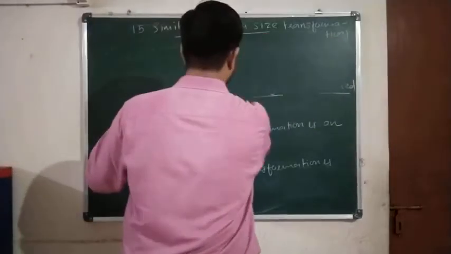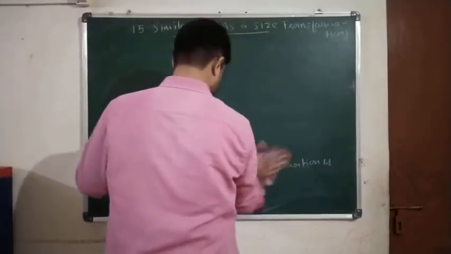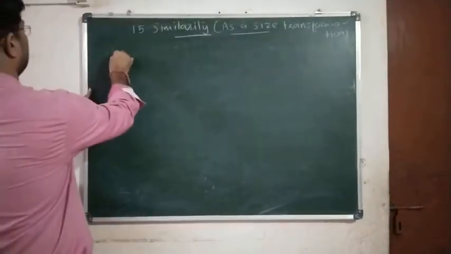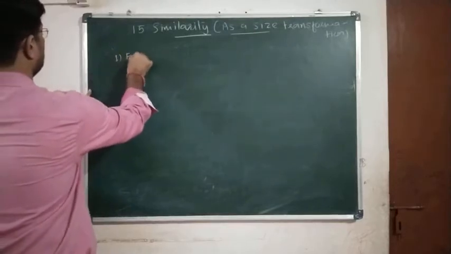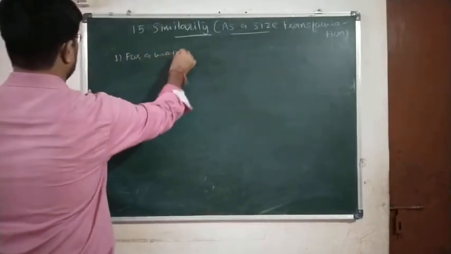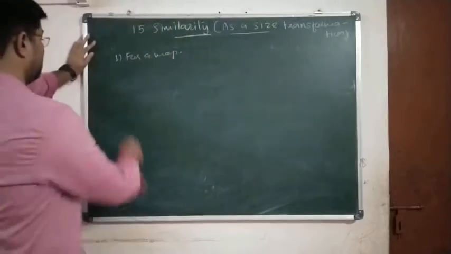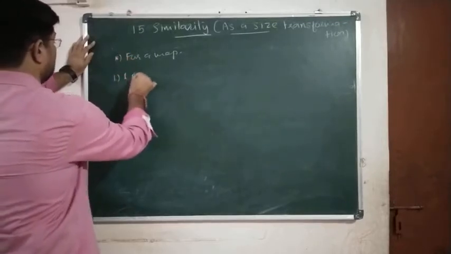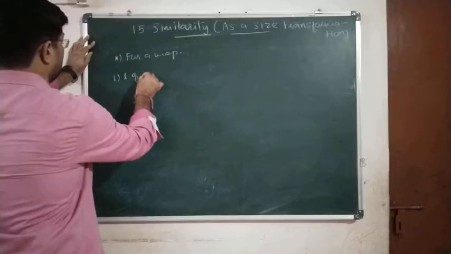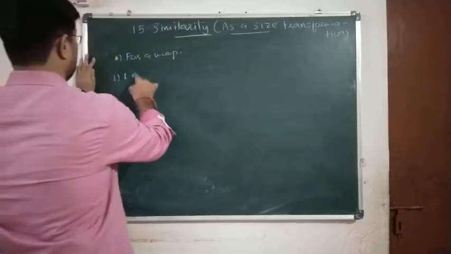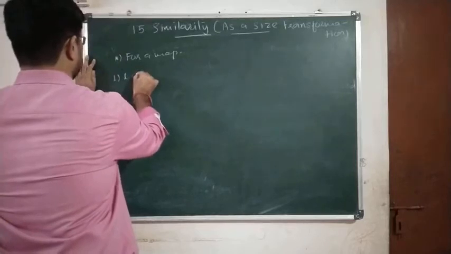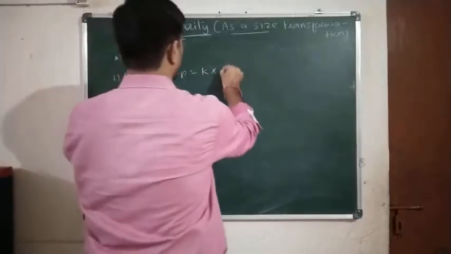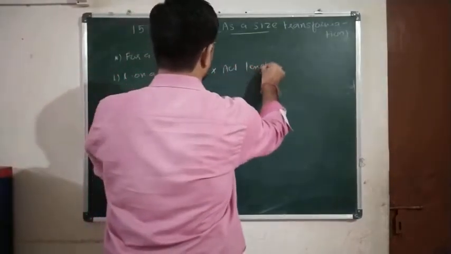We will remember certain formulas. For a map, number one, length on a map will be K into actual length.